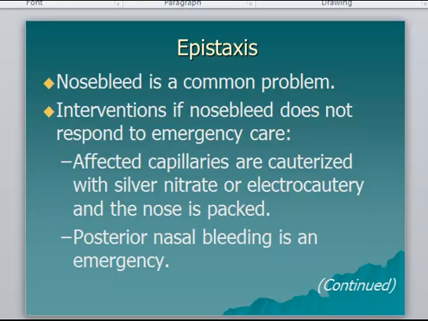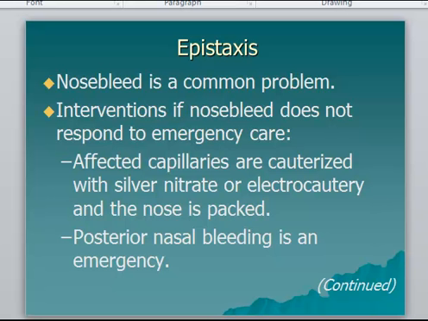But with both of those methods, the tubing is introduced through the nose, similar to the passage of an NG tube, and once it reaches the posterior oropharynx, the balloon is inflated, and the tubing is pulled back outward to tamponade and put pressure on the posterior bleeding source.